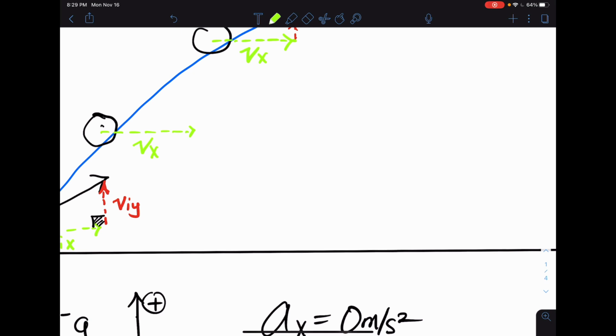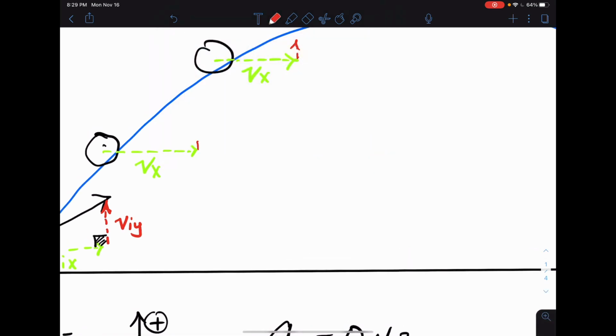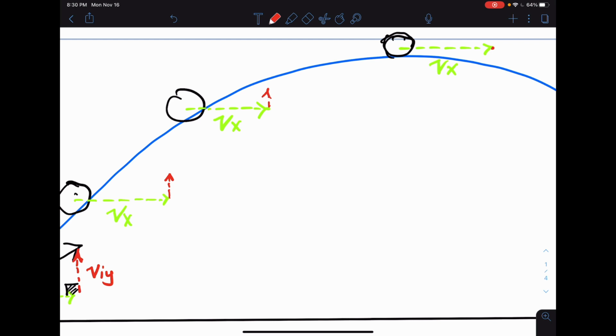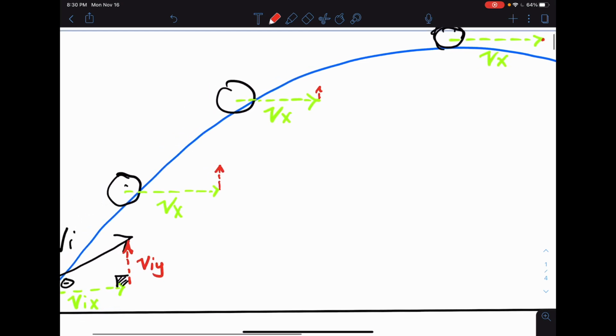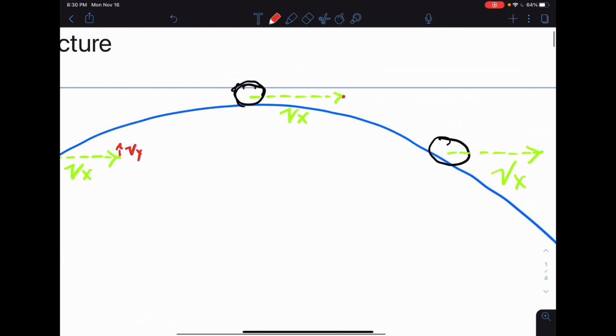All right, that's definitely smaller. And then here, we can go even smaller still, right there. And so you can see that that y velocity is decreasing on the way up until it becomes 0 at the top.